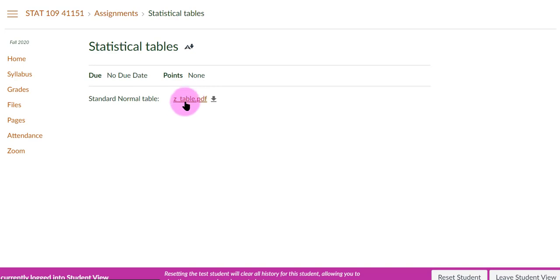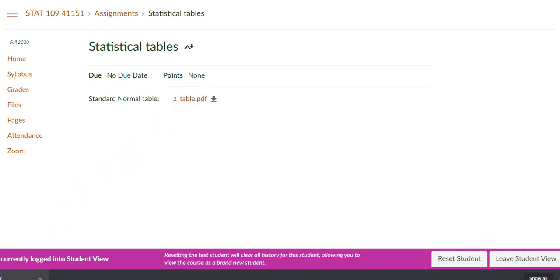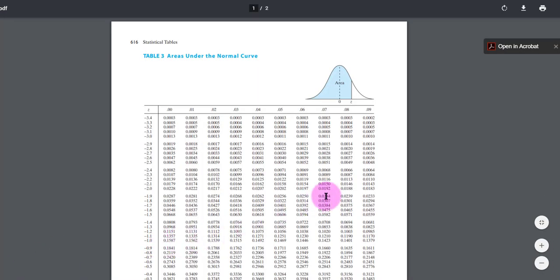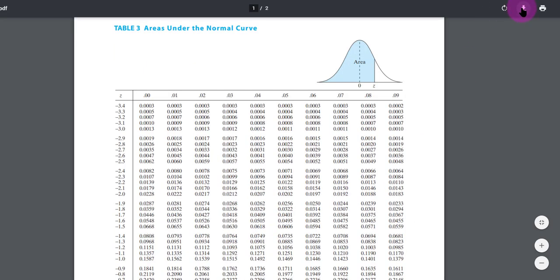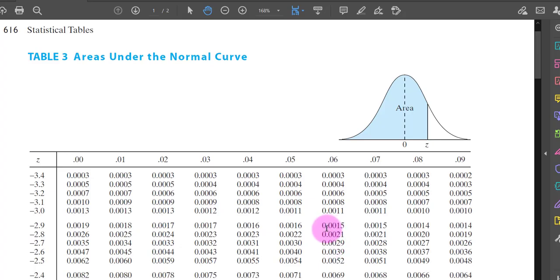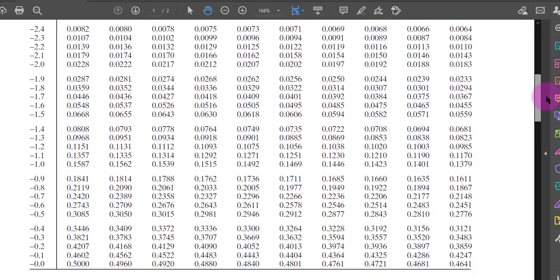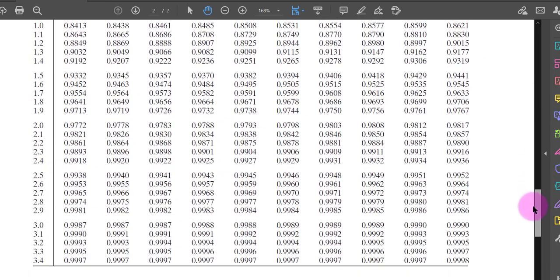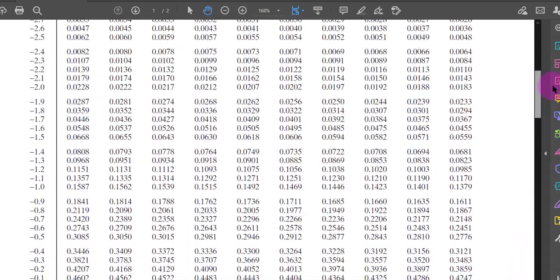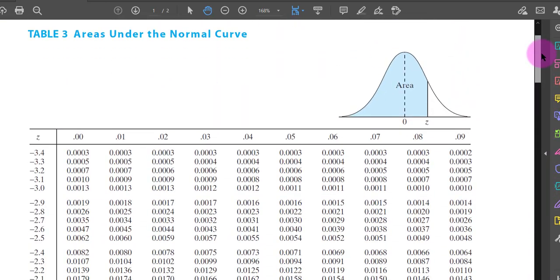So the Z table, and I am downloading it, and this is what it looks like. I'm actually going to download it so it comes out a little crisper. So here is this table. It has 2 pages, and we'll discuss what's on these 2 pages. But you'll see there's a whole lot of numbers. And I'll show you how to read it. That's the purpose of this video today, to show you how to use this table.